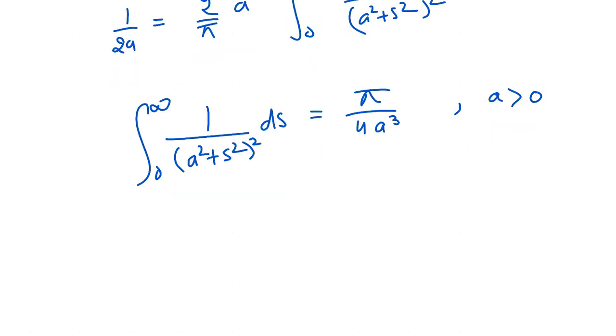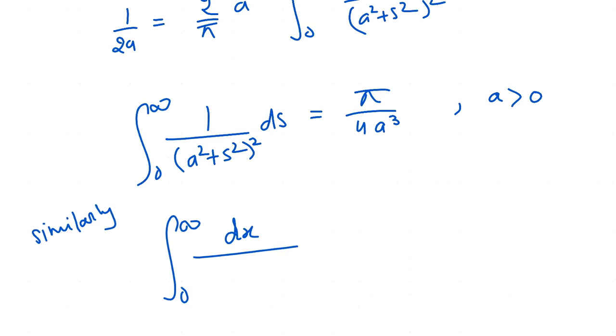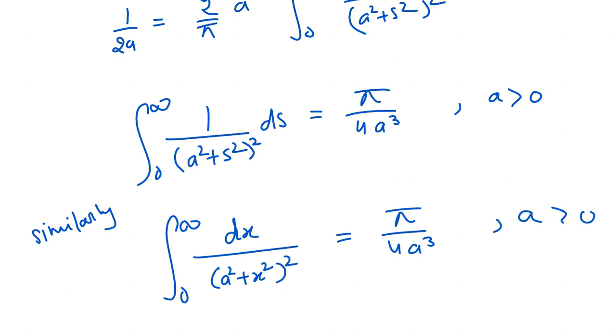Similarly, we can find for x also, limit 0 to infinity, and instead of ds, we can use dx over a square plus x square whole square, is equal to pi over 4 a cube, where a is greater than 0.